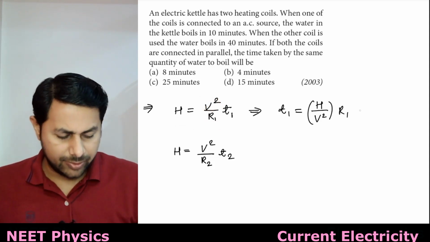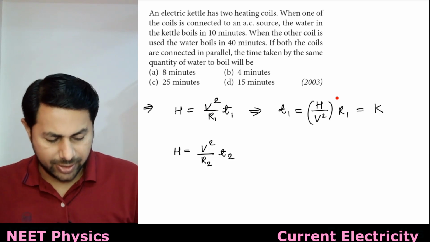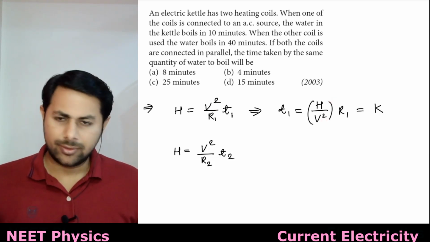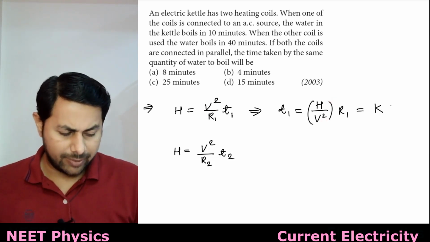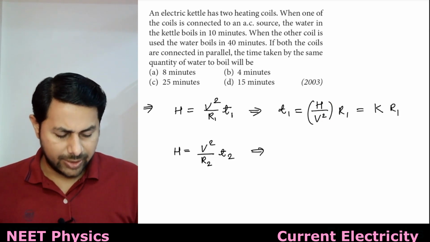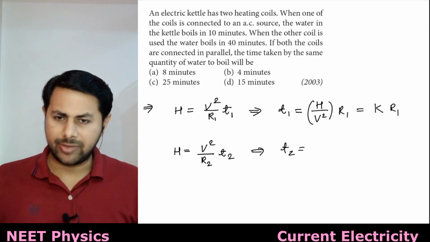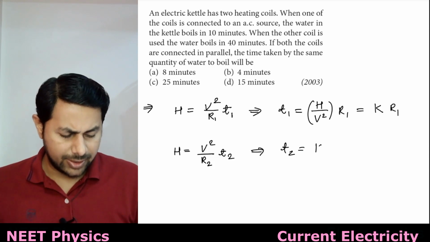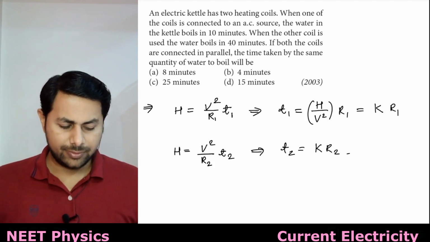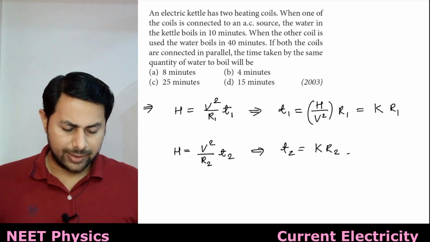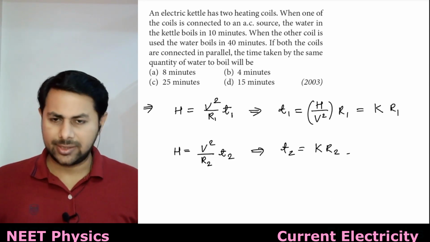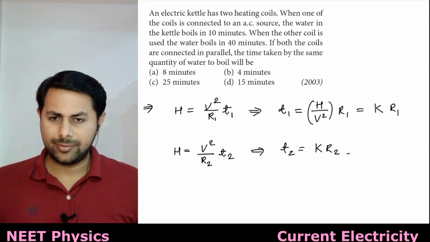So time is equal to some constant, because H is a constant and V is a constant. So it is some constant K times R1. Similarly, you can write T2 is equal to H by V square times R2, meaning it is K times R2. Now when you connect the two resistances in parallel, what will happen?